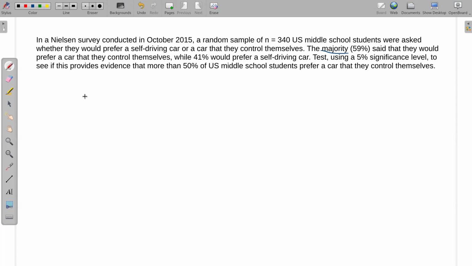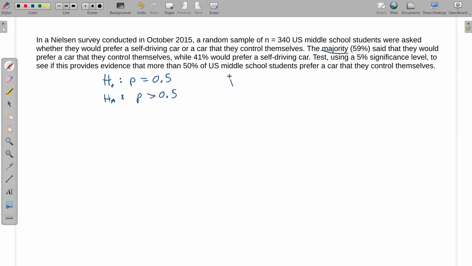So first, we'll set up our hypotheses. Looking at this last statement, we want to see if the evidence is that more than 50% of middle school students prefer a car they can control themselves. So that would be our alternative hypothesis. The null hypothesis is that the proportion of middle school students who prefer a car they can control themselves is equal to 50%, versus the alternative stated above, that the proportion is greater than 50%.